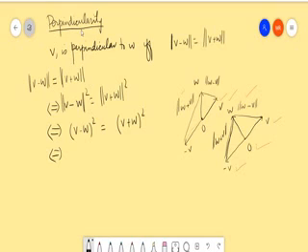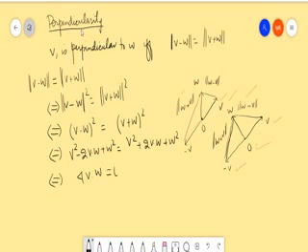And it holds if and only if V squared minus 2 V dot W plus W squared is equal to V squared plus 2 V dot W plus W squared. And it holds if and only if 4 times V dot W is equal to 0. And it holds if and only if V dot W is 0, and hence V is perpendicular to W.